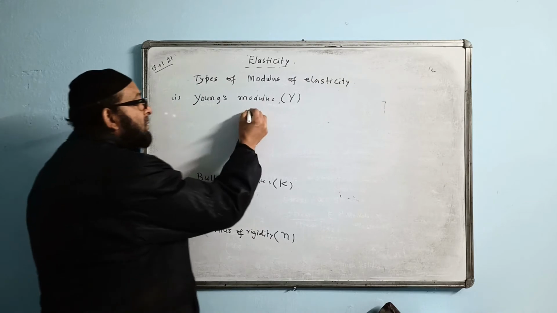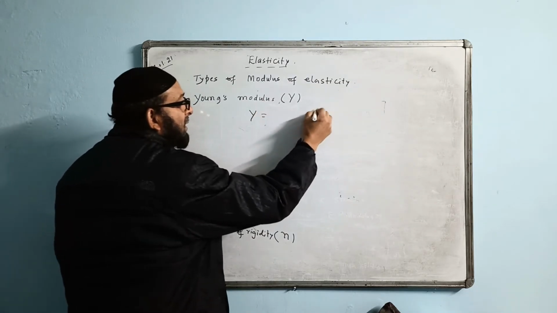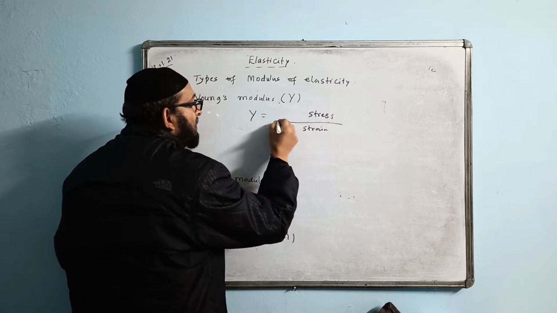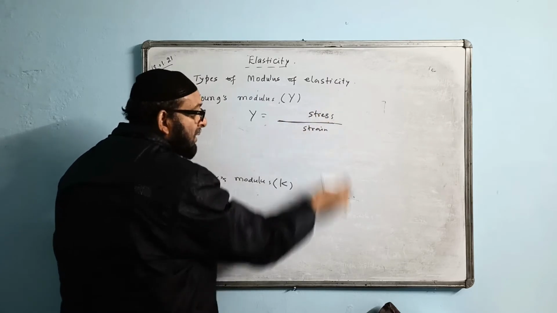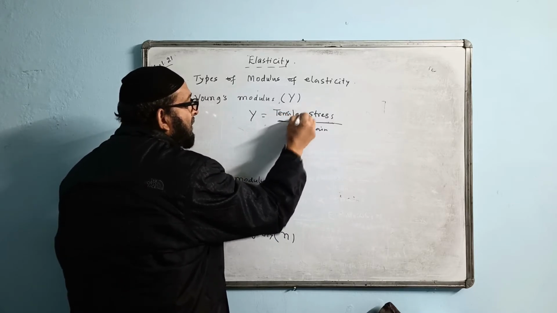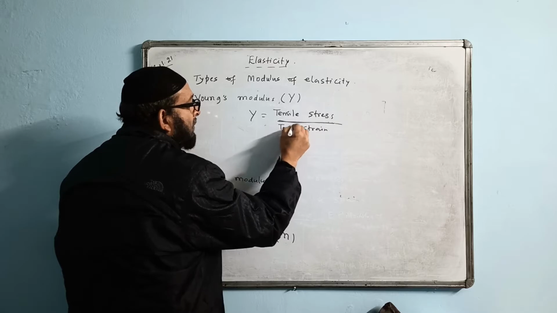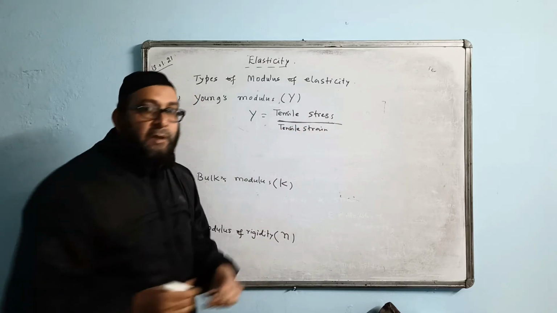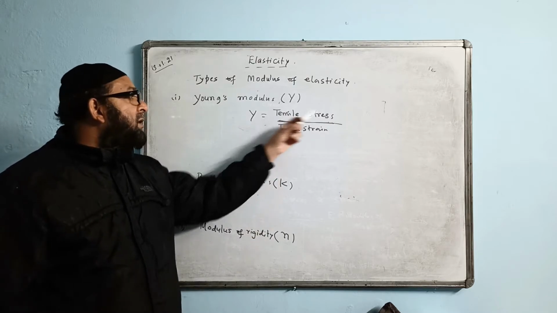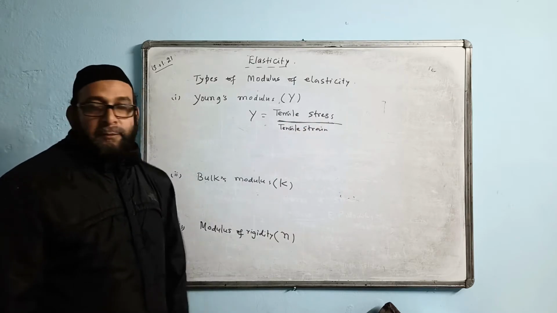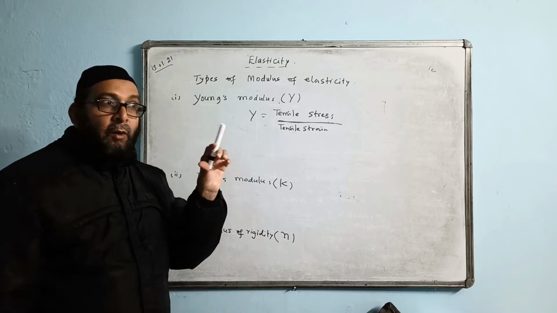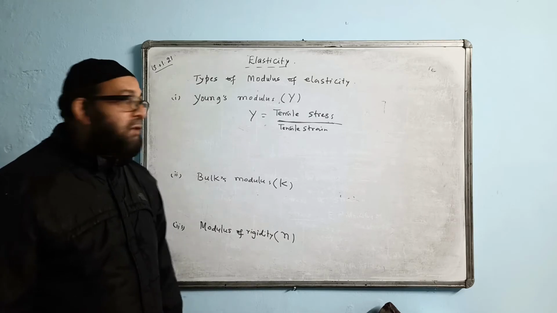The formula is a kind of stress by strain, but such a stress which changes the length, which we call tensile stress, by tensile strain. Or we can call it longitudinal stress by longitudinal strain. Longitudinal comes from long, that is, lengthwise elongation.